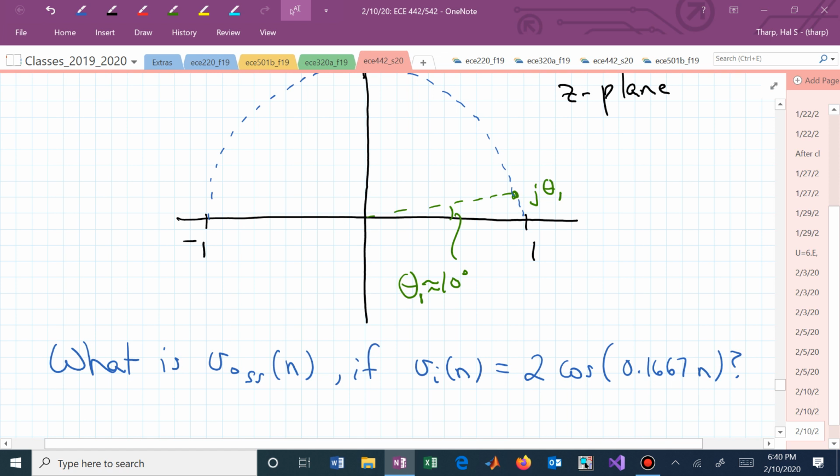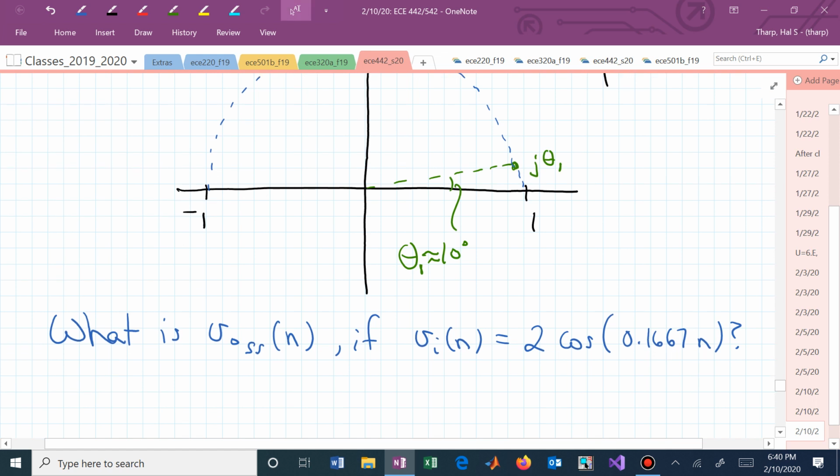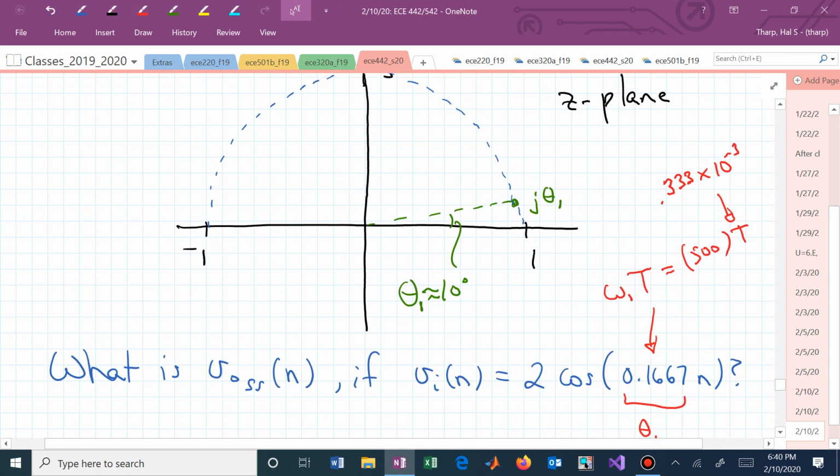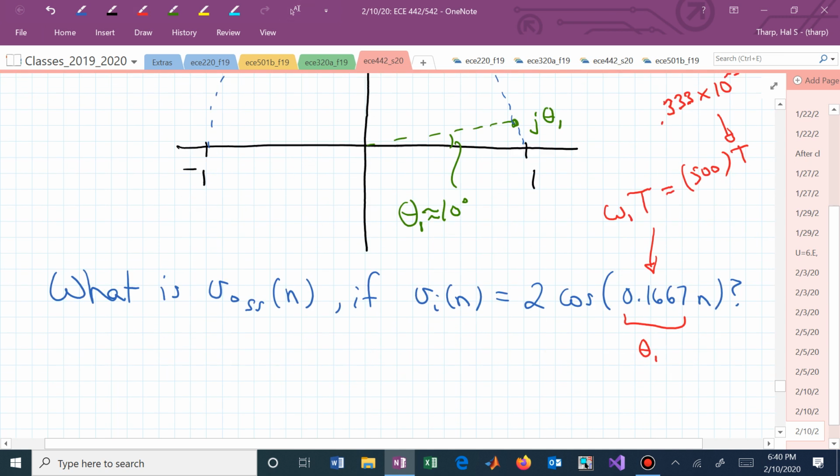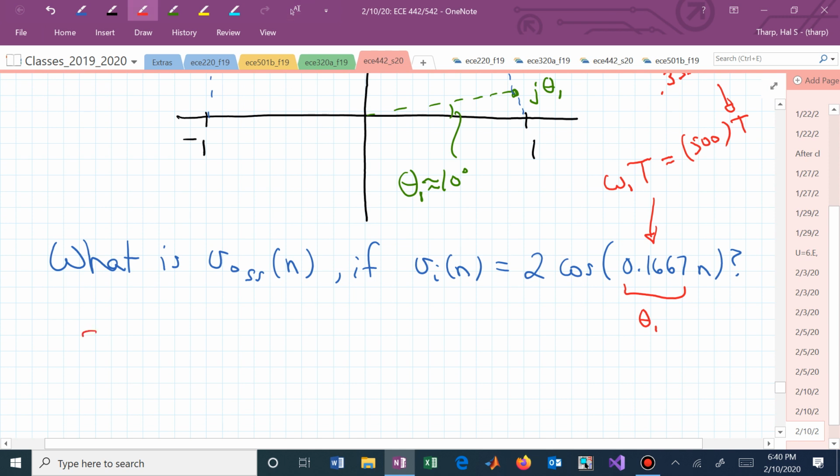The sample period T, this is now our theta 1, where this was omega 1 T, 500 times the T, which is 0.1667 radians.